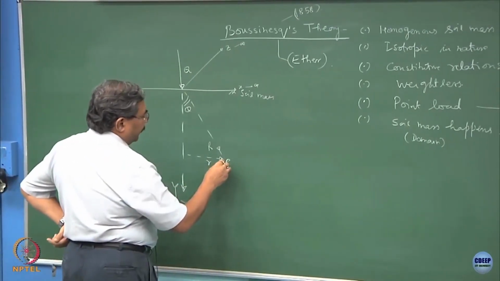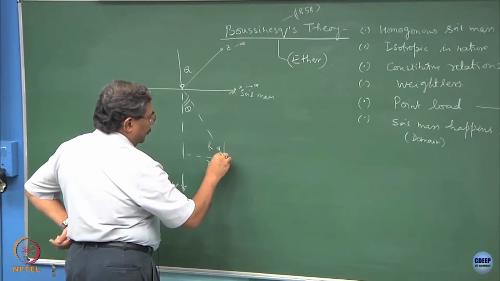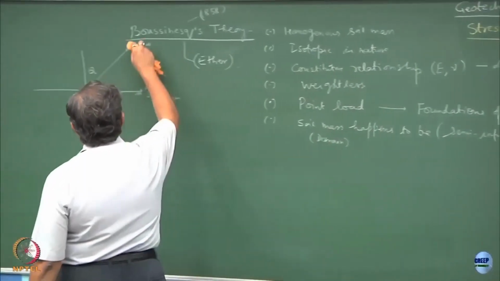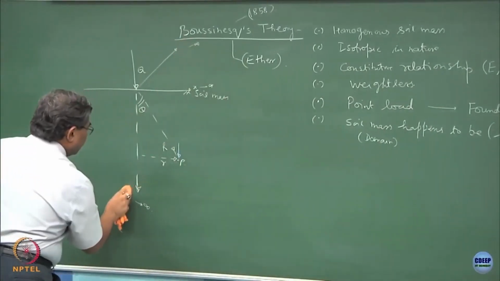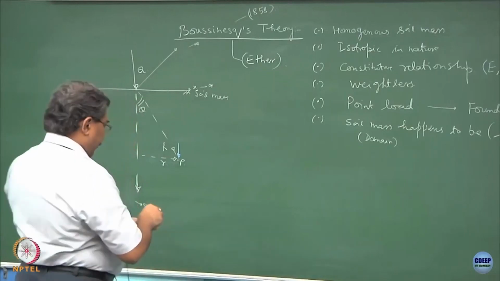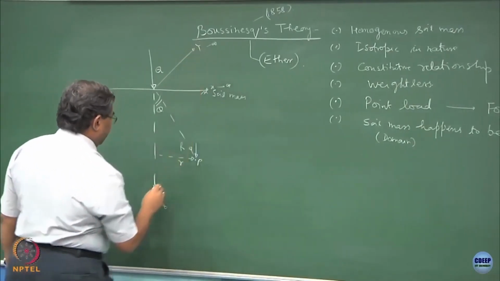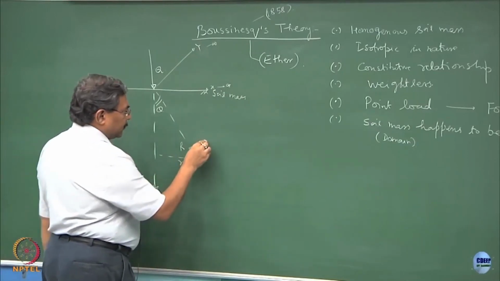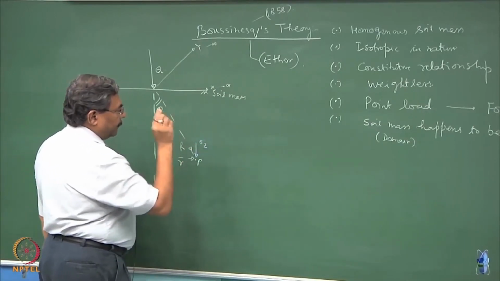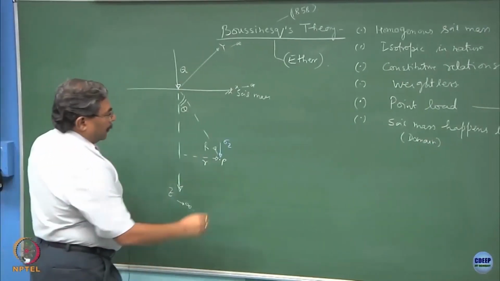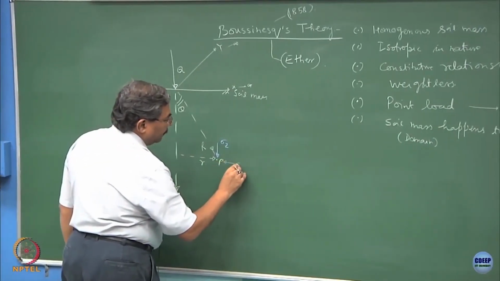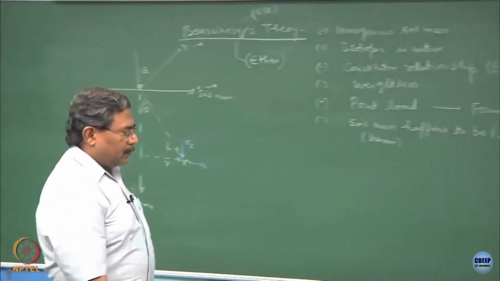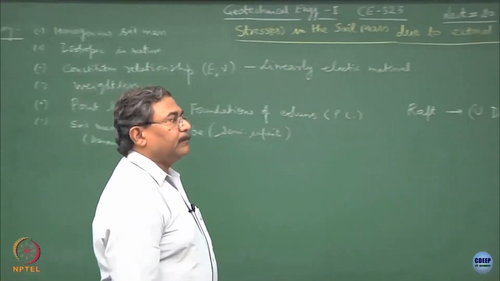The state of stress at point P would be, normally let me change the nomenclature, we take this as Z and this as Y. So, basically this is sigma Z, the normal stress which is acting at point P, sigma R. I am sure you are doing a course in RCC also this semester.